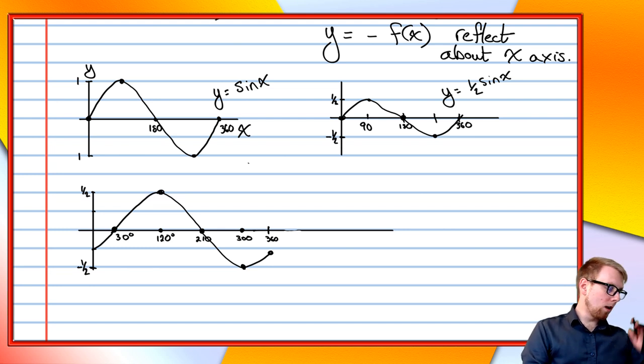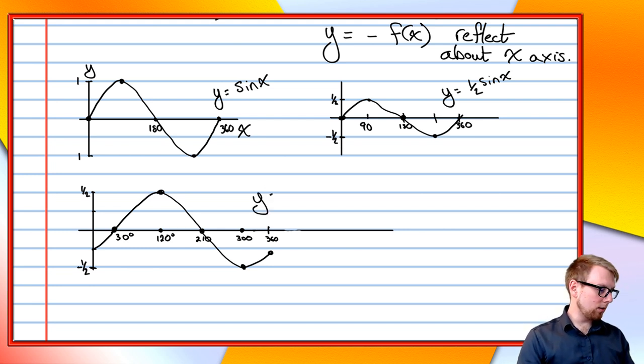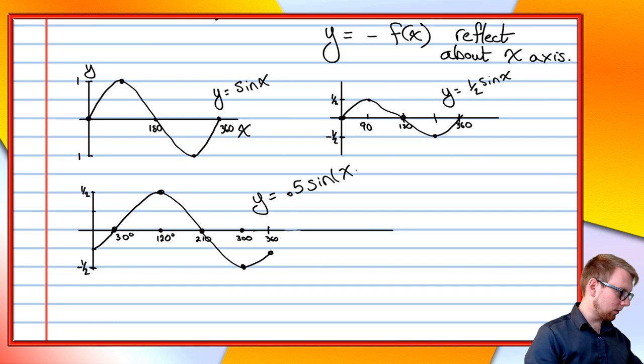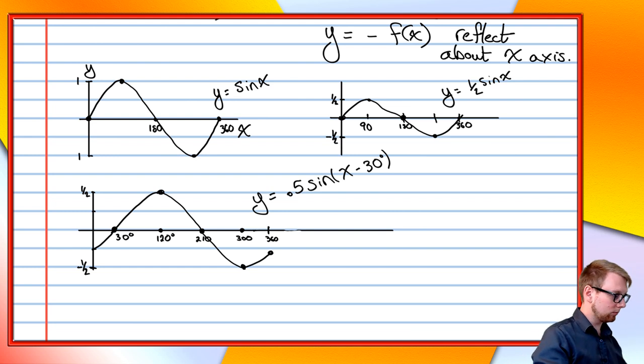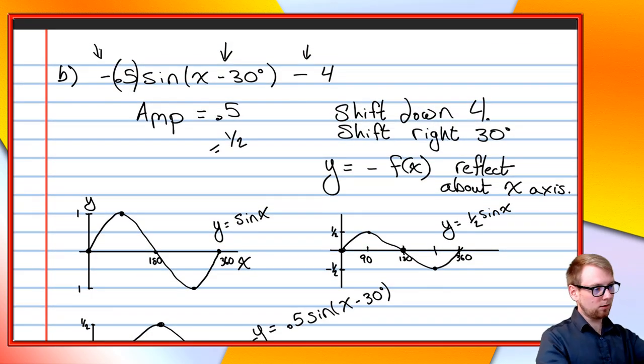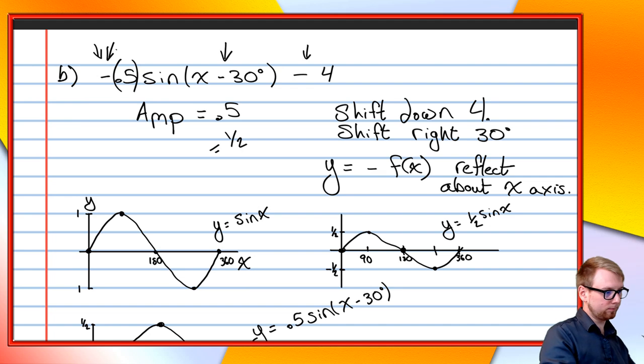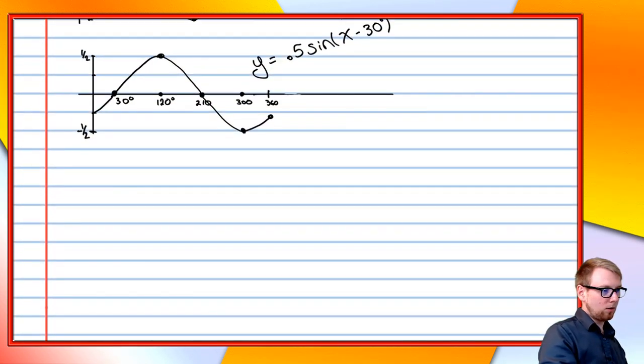Cool. So that was y equals 0.5 sine of x minus 30 degrees. Okay, now let's incorporate that minus sign over here. So now we have to reflect it.